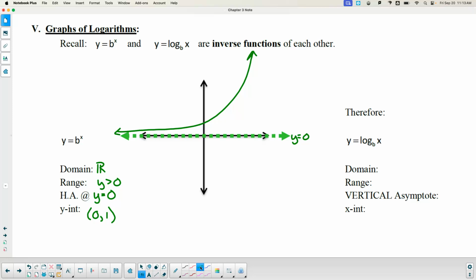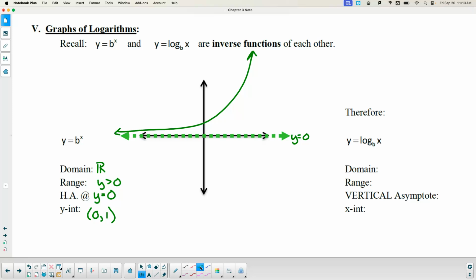Logarithms are the inverses of exponentials. Does anybody remember from Algebra 2 what it means to be a true inverse function? Other than it cancels each other out, like addition cancels out subtraction, multiplication cancels out division, logs cancel out exponents.